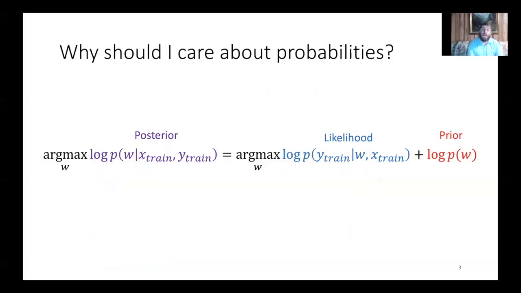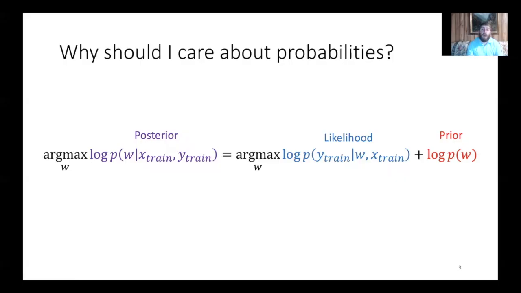Now, to train these models, what you do is you say, okay, we want to find the most likely setting of our parameters given our training data. What this is equivalent to is finding the best parameters that both predict your training data and are close to your prior.